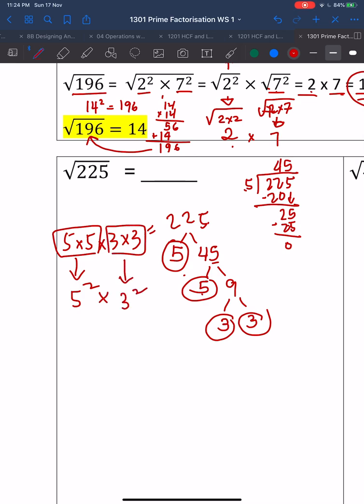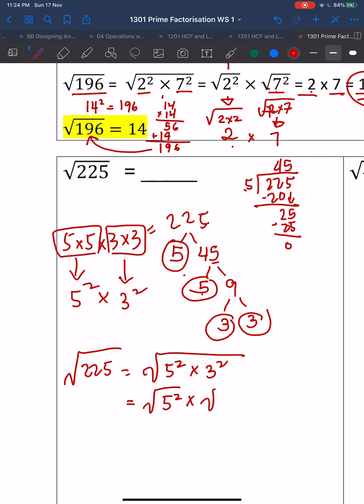Okay? So the square root of 225 can be written as the square root of 5 squared times 3 squared, which can be rewritten as square root of 5 squared times square root of 3 squared, which is equal to 5 times 3, which is equal to 15.